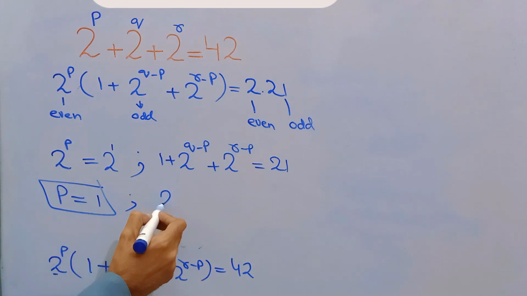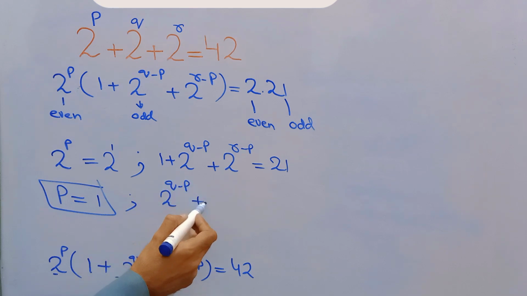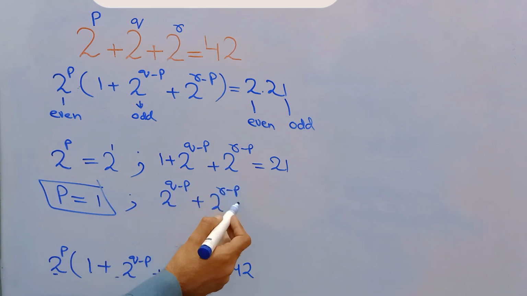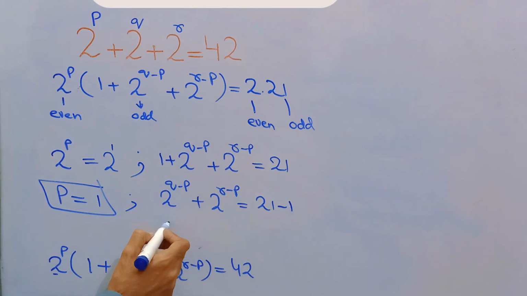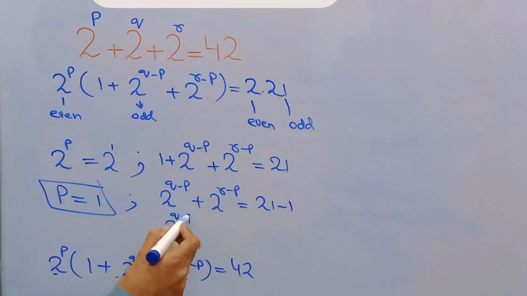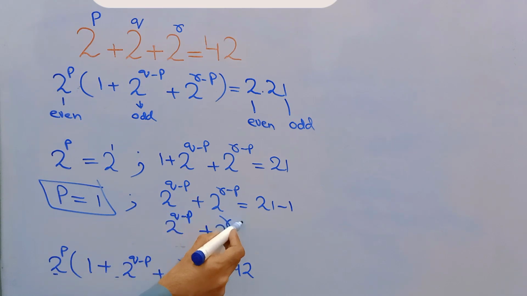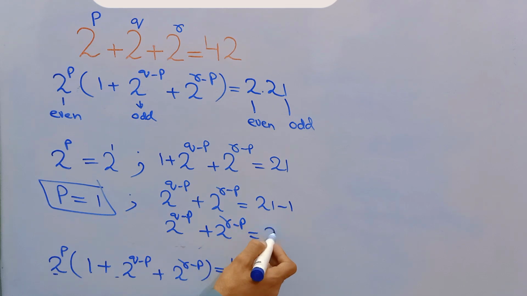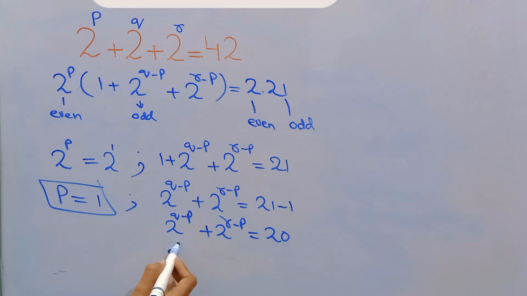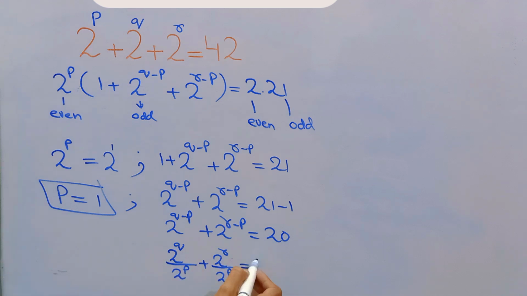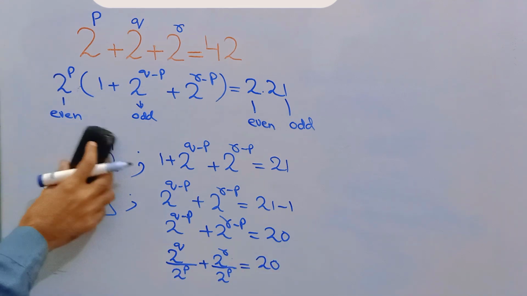And next student, 2^(q minus p) plus 2^(r minus p) is equal to 21 minus 1, we will shift right hand side, then sign will be negative, that is 20. Then next 2^(q minus p) can be written as 2^q divided by 2^p plus 2^r divided by 2^p is equal to 20.